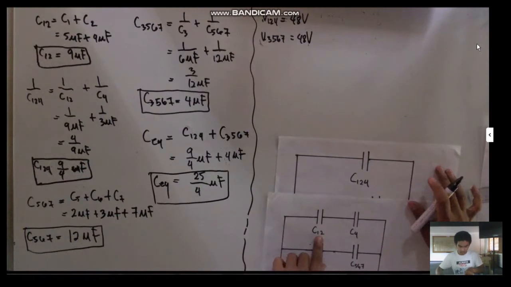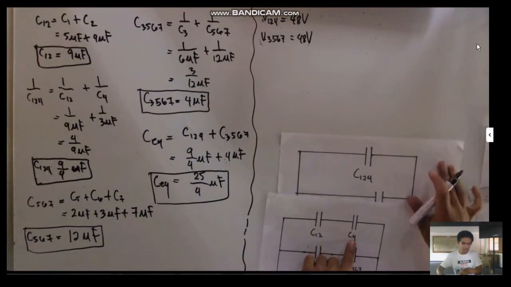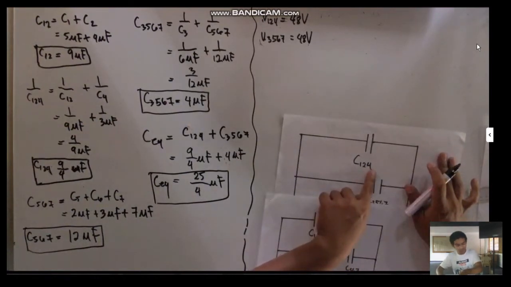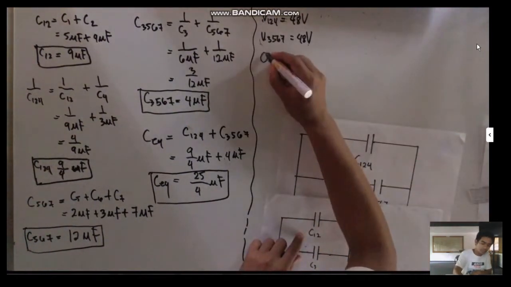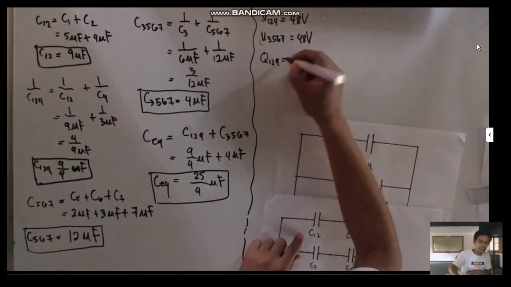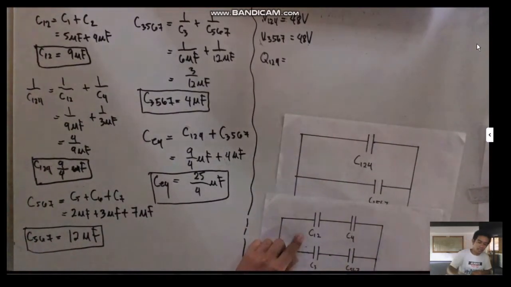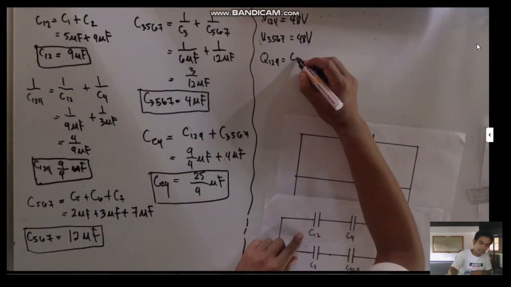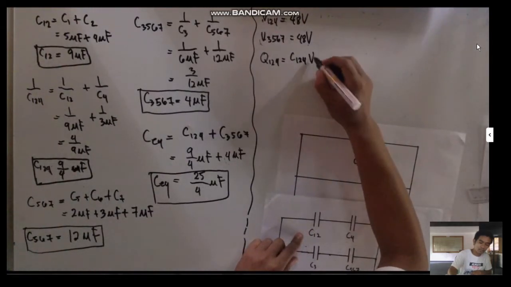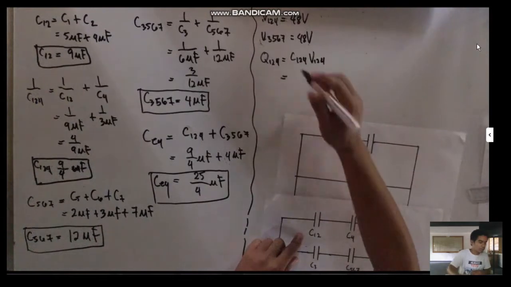Since C12 and C4 are connected in series, C12 will experience the same amount of charge as C4. But what is this C4? We don't know. We still have to get the charge of C124. So what's the charge of C124? The charge of C124 is the equivalent capacitance of 124 times the voltage of 124.